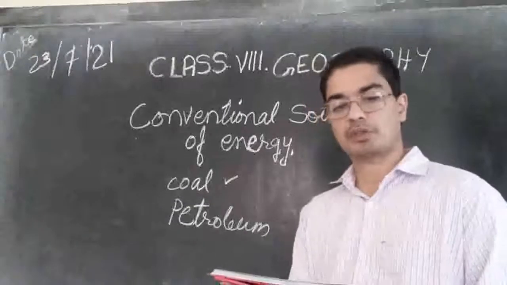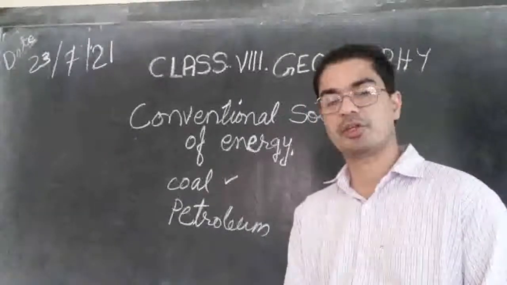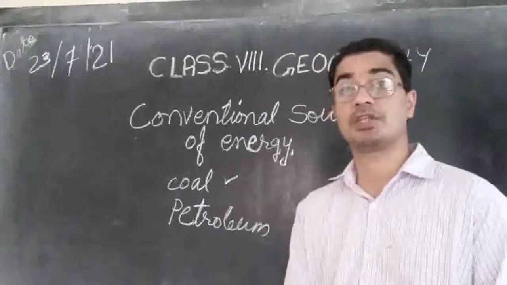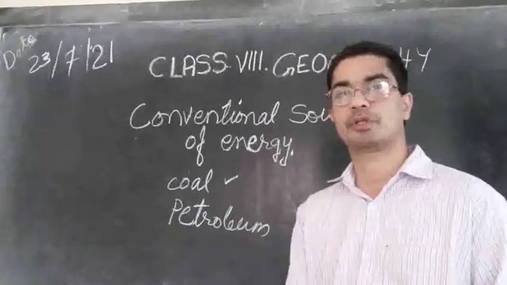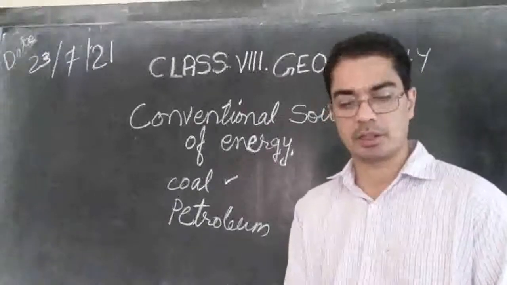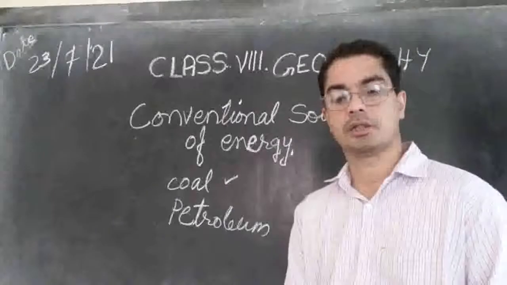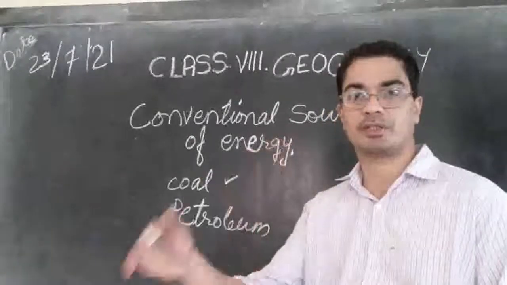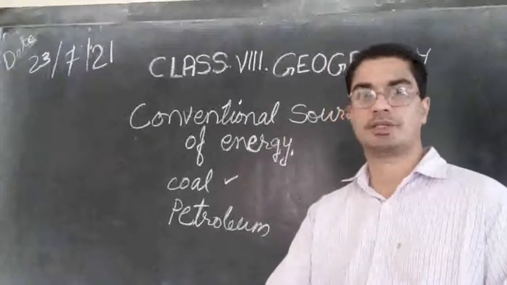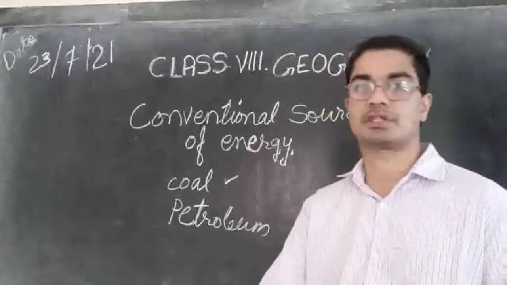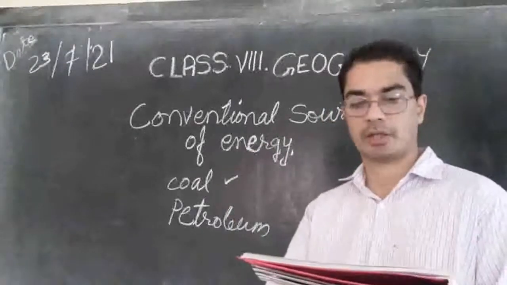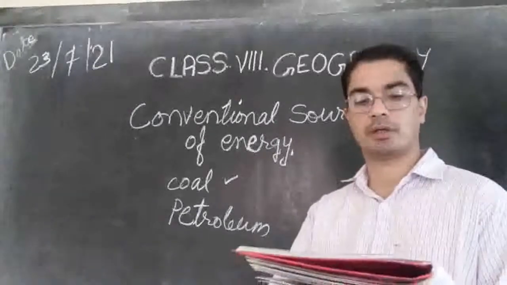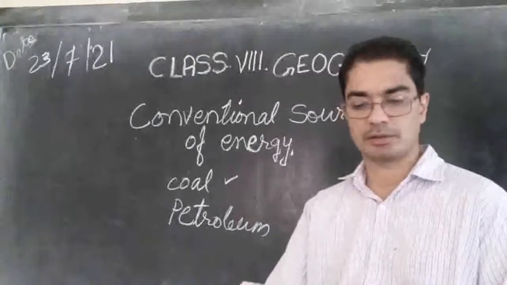And the chief petroleum producing countries are, so which are the countries producing a lot of petroleum products? They are Iran, Iraq, Saudi Arabia and Qatar. These are all Gulf countries, and they have a lot of oil deposits. Iran, Iraq, Saudi Arabia and Qatar.